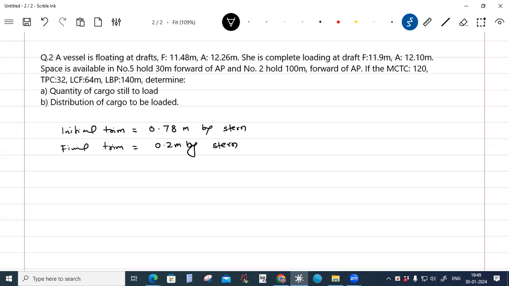She is to complete loading at 11.9 and 12.1. So what is the trim cost? Trim cost is 0.78 minus 0.2, 0.58 by head. Yes, sir. Make sense? Yes, sir, makes sense.